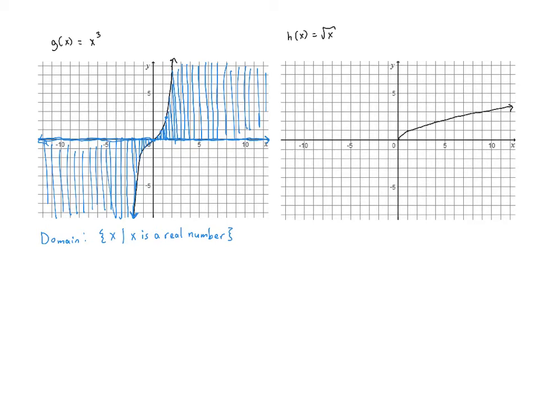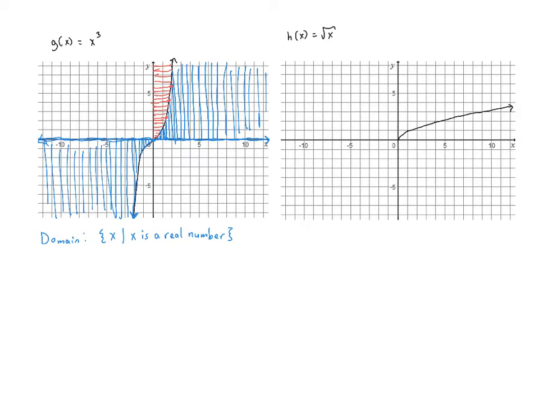Let's move on and take a look at the range now. If we look at the range, then we want to take points and project them onto the y-axis. And here I am projecting points. I think we can see pretty easily that we're going to have all of the positive y values accounted for.